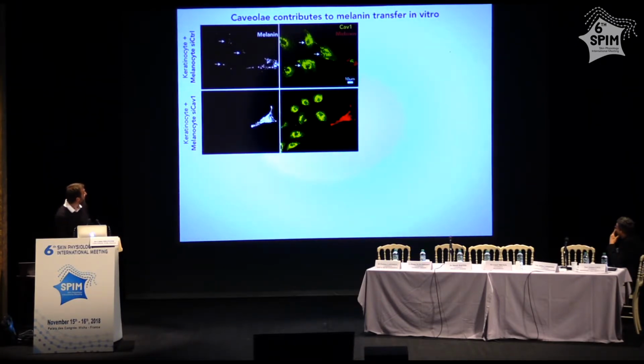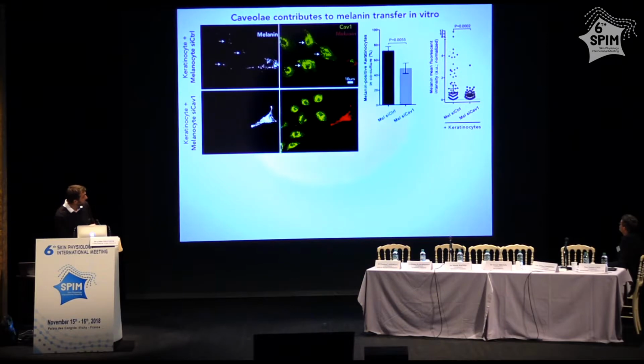We immunostained melanin using antibodies that recognize the amyloid fibers onto which the melanin is deposited, and we quantified the number of keratinocytes positive for pigment and, when they are positive, how much pigment they have. These two parameters are decreased when caveolin-1 is depleted from melanocytes, suggesting that caveolae can contribute to melanin transfer in vitro.